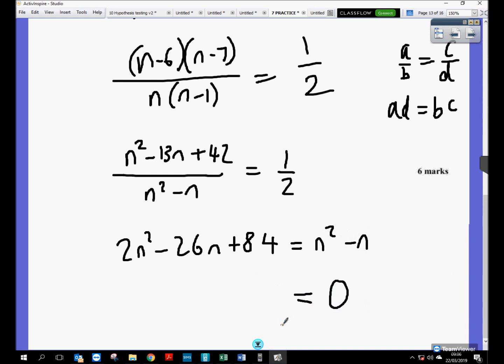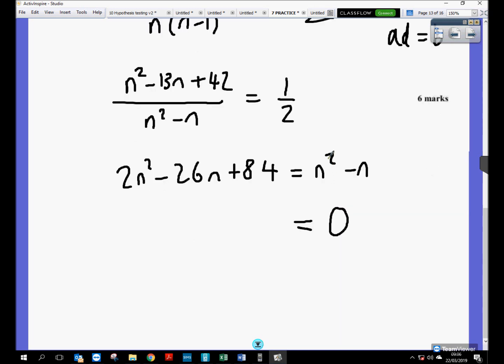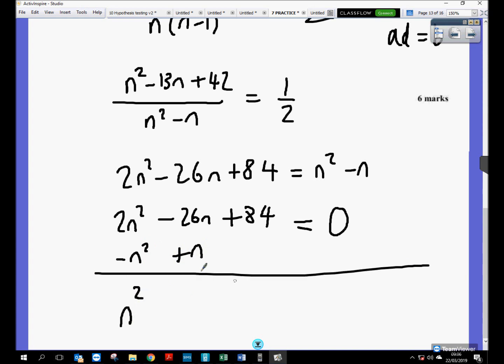Quadratic should equal 0, so we'll subtract n squared from the left and add n to the left, like this. 2n squared minus 26n add 84 minus n squared plus n. When you simplify this, you end up with n squared. 2n squared minus n squared is n squared. Minus 26n add 1n is minus 25n, and then plus 84.